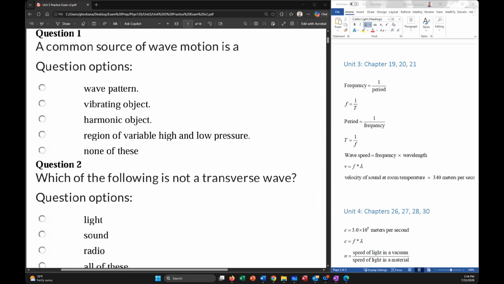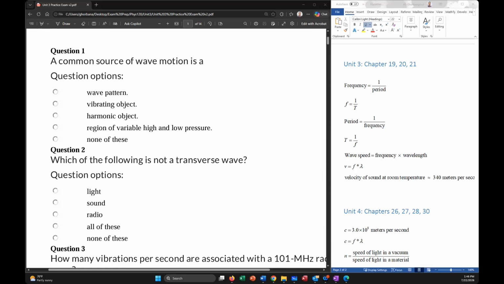Question number 1 asks: what is a common source of wave motion? The options are a wave pattern, a vibrating object, a harmonic object, a region of variable high and low pressure, or none of those.